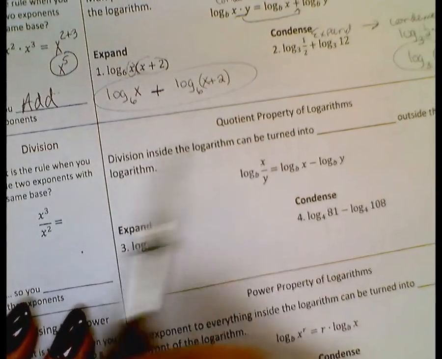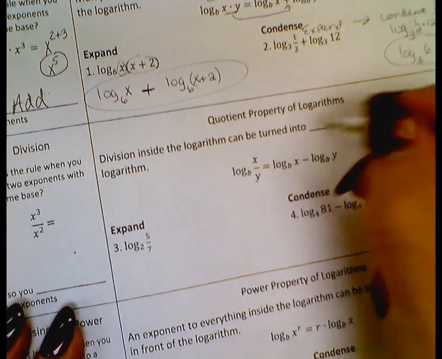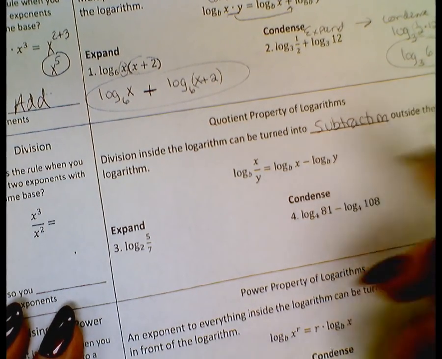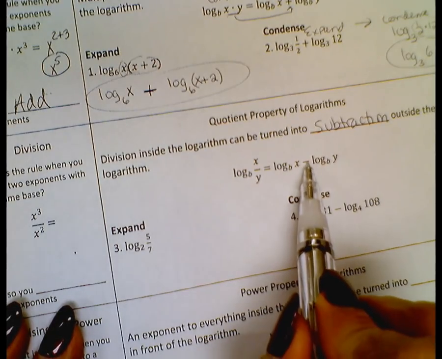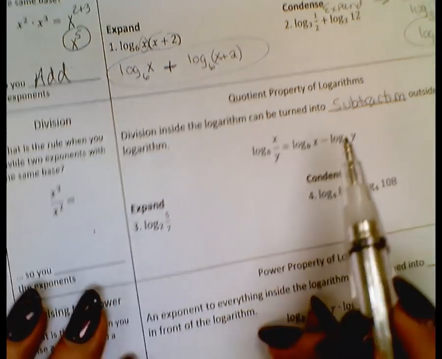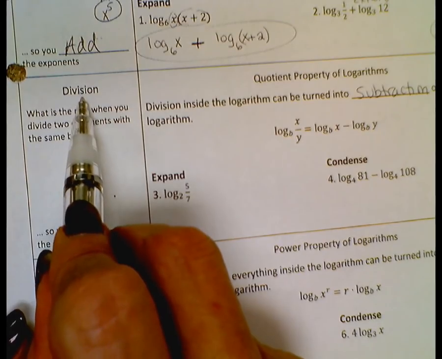So now let's go to the quotient property of logarithms. The quotient property of logarithms has to do with subtraction. Let's write subtraction in here. So division inside turns into subtraction on the outside. That has to do with this. Back to our rules of exponents. Division.